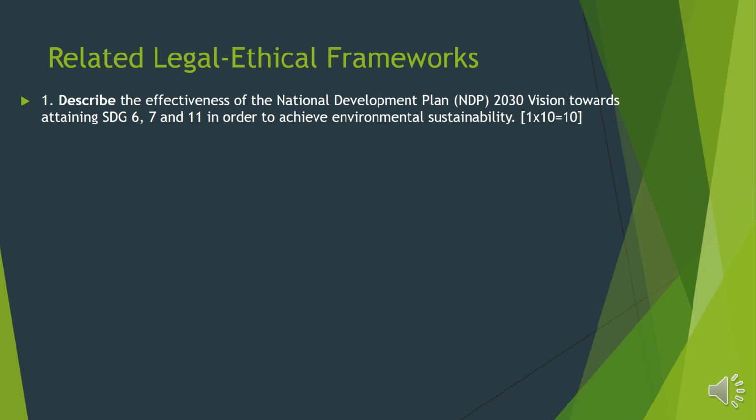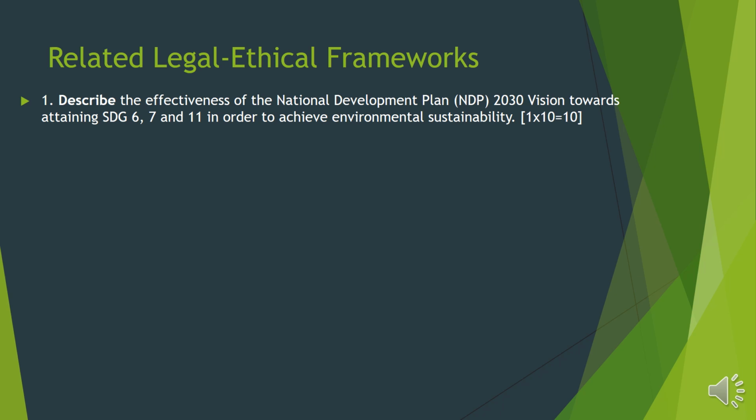And then you also talk about SDG number 7, which is affordable and clean energy. You can mention, for instance, with regards to ensuring that there's electricity in most communities, what is being done or what was the plan, and has the plan been implemented, or is it in the process of being implemented?